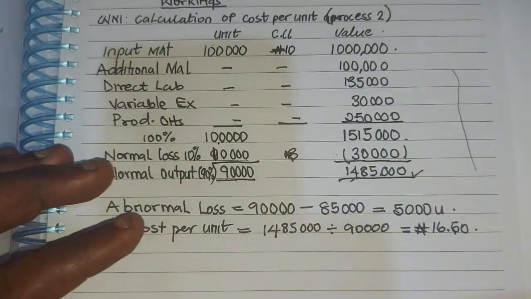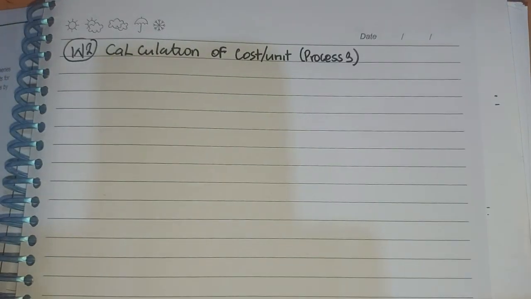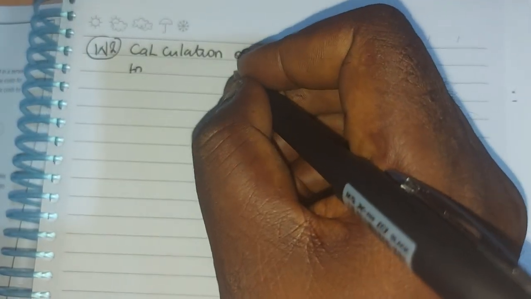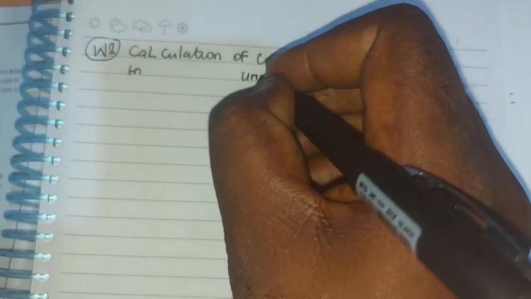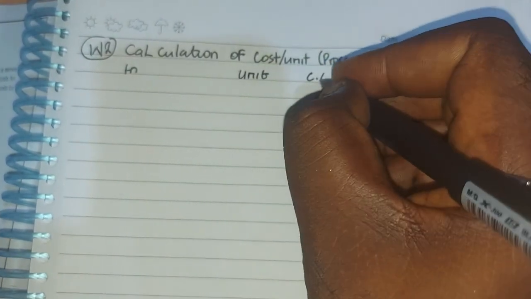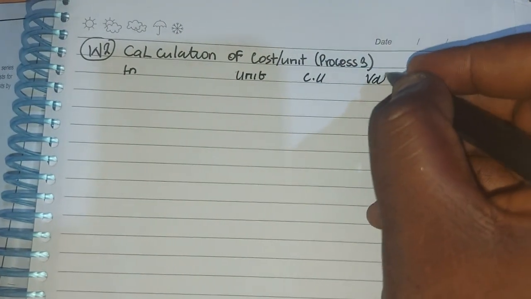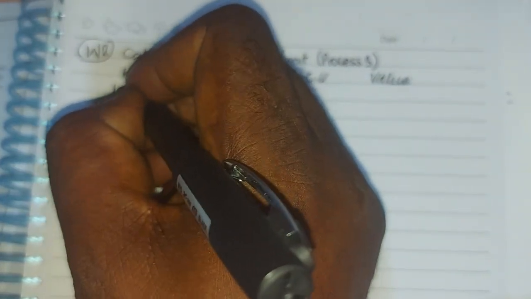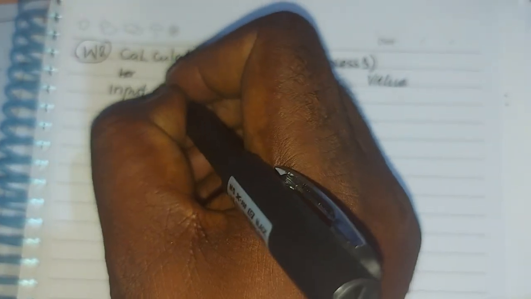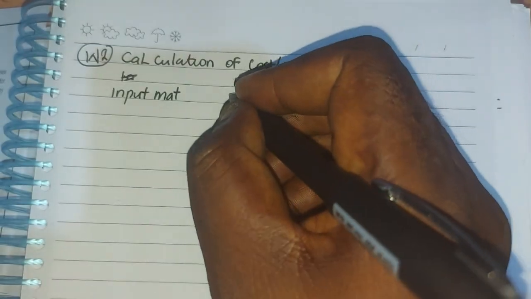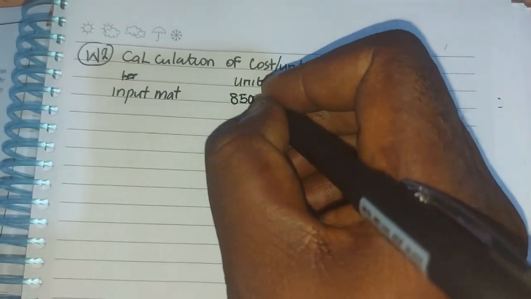Now we go to process 3. So for process 3, like I told you, you have inputs. What do you have here? You have your units, your cost per unit, and the value. So we have the input material, that's 85,000. That's the actual.